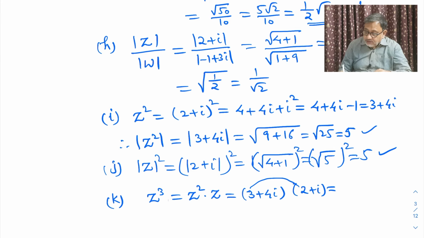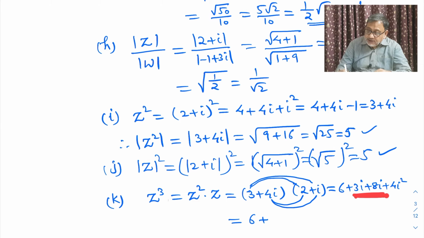Now I will multiply out. 2 times 3, 6. Then 3 times i is 3i. Then 4i times 2 is 8i. And 4i multiplied by i will be 4i square. So which is 6 plus 3i and 8i.